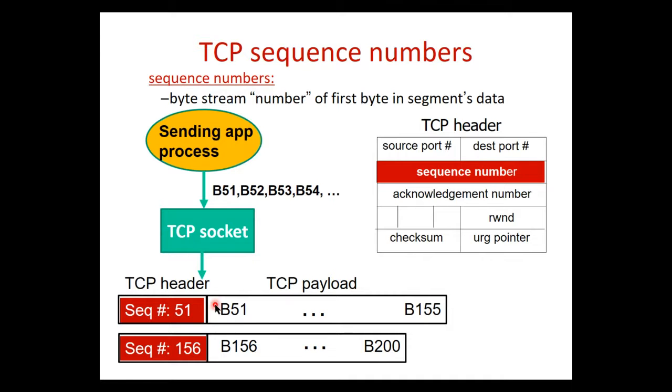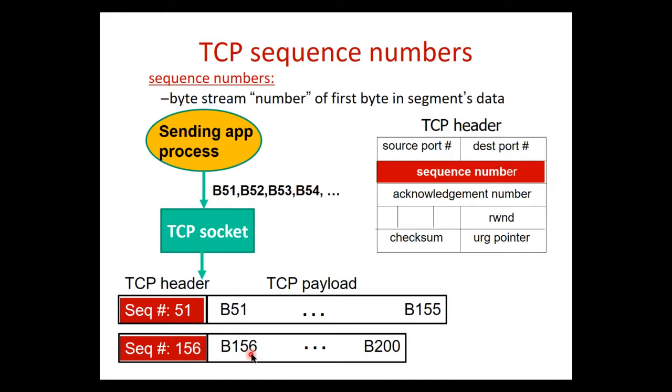Here, because the first byte of the data is byte 51, it's going to use the sequence number 51 in the header. The next segment that will be sent will start at byte 156, to, let's say, byte 200. So the sequence number of the next TCP segment will be 156.